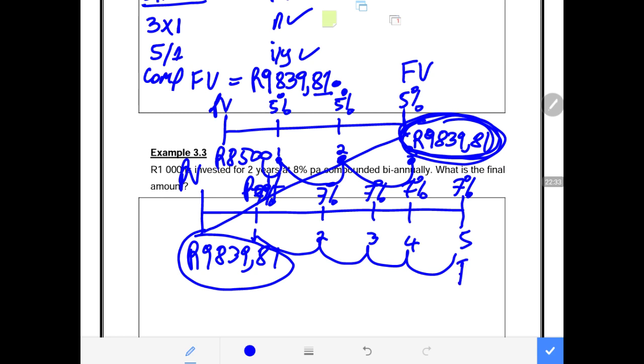Then we need to know the future value of this second investment. After the future value of the previous, present value of the current, then the future value of the current again. Now we will be able to say future value minus the amount we initially invested, which is 8,500.